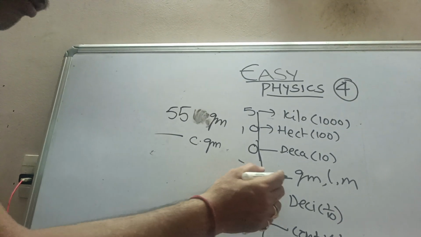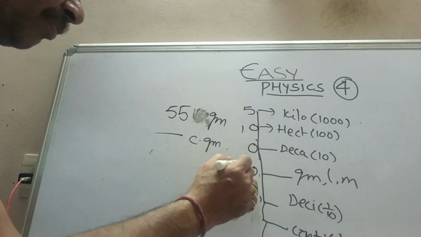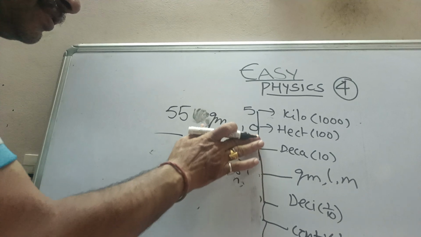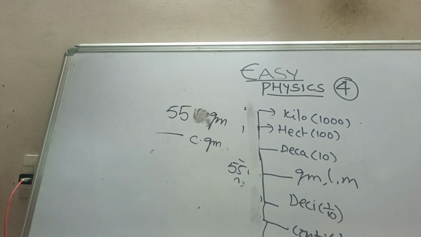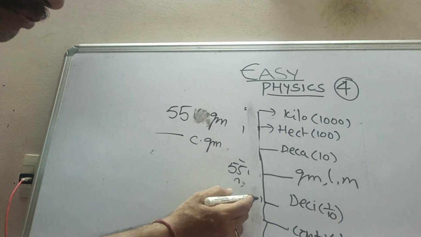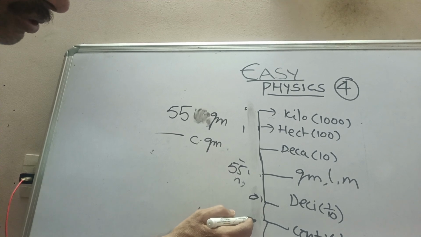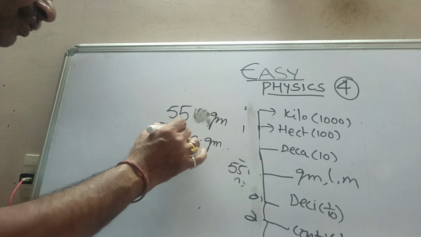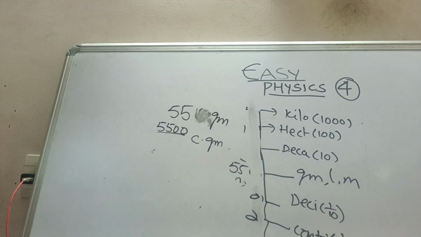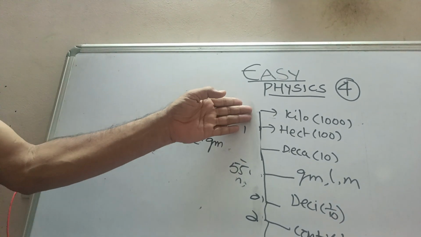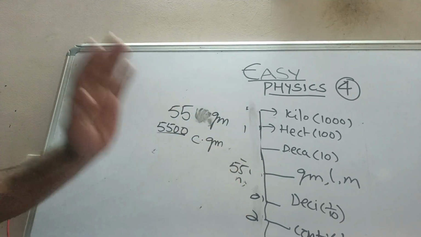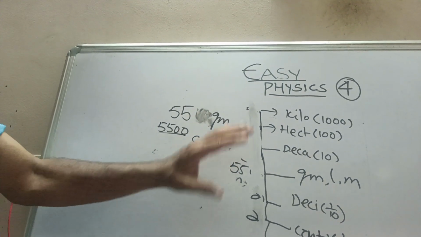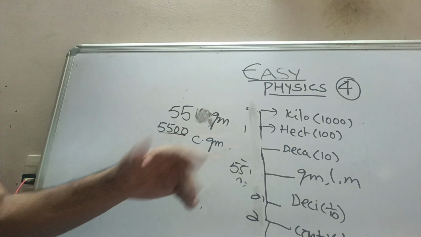So grams is given, you keep 55. You are supposed to convert to centigrams, means deci 0 and centi 0. So 5500 centigrams. This is the way you can convert higher value to lower value. Of course, it's very easy to understand and easy to convert also.